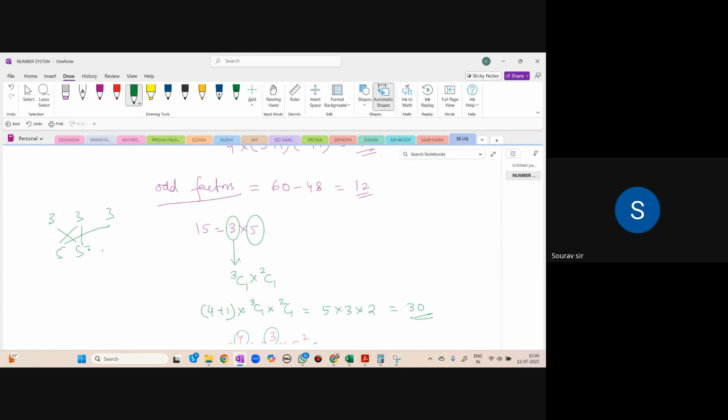That's why any one 3 out of the three 3s, any one 5 out of the two 5s. So that's why 3C1 into 2C1. And the number of factors due to the power of 2 remains the same, which is 4 plus 1. That's why it becomes 30. Clear? Okay, thank you, sir.